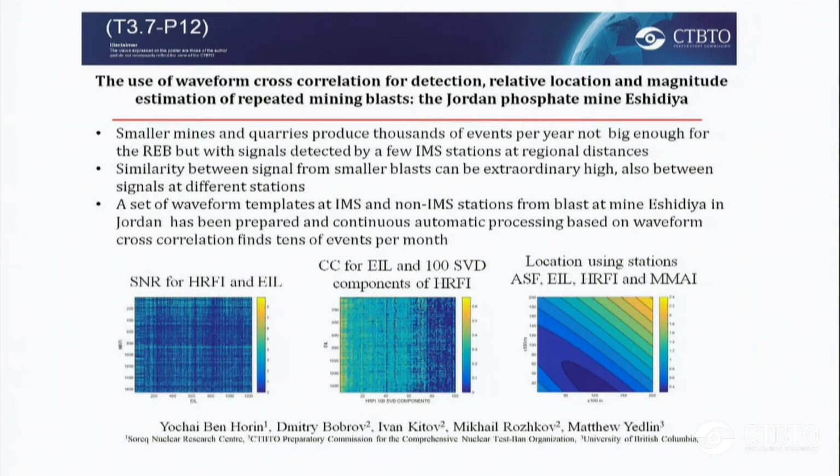They also use the methods of dimensionality reduction and subspace detection to improve the detection level and the level of relative location of the events, which should be very close to each other by definition because they're in the same mine. But they also have a scattering of 50 kilometers, even if the stations are very close to the mine. So the waveform cross-correlation improves location by 2 orders of magnitude, together with estimates of relative magnitude of that events. Thank you.